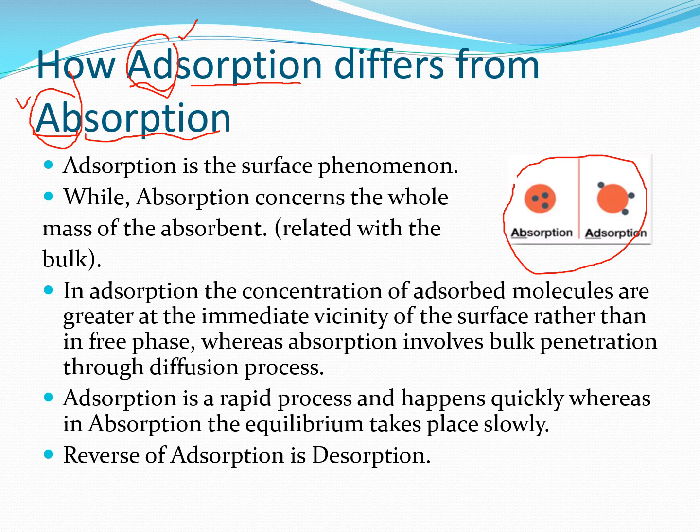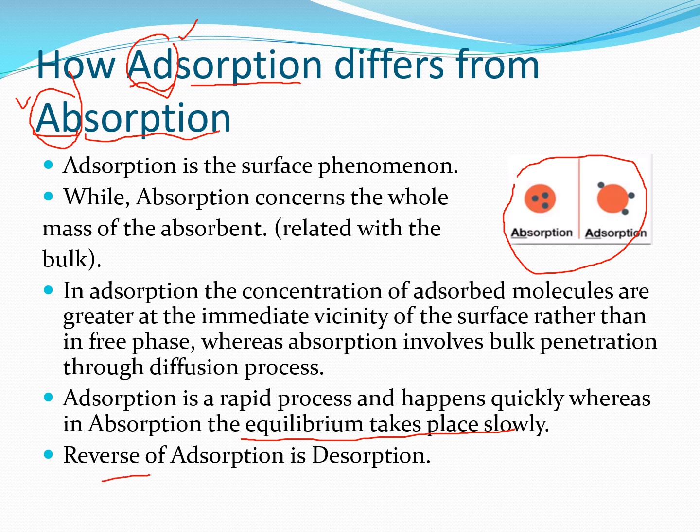It retains only on the surface. So the concentration of adsorbed molecules is greater in the immediate vicinity of the surface rather than the free phase, whereas absorption involves bulk penetration through diffusion processes. Adsorption is a rapid process and happens quickly, whereas in absorption the equilibrium is reached very slowly.